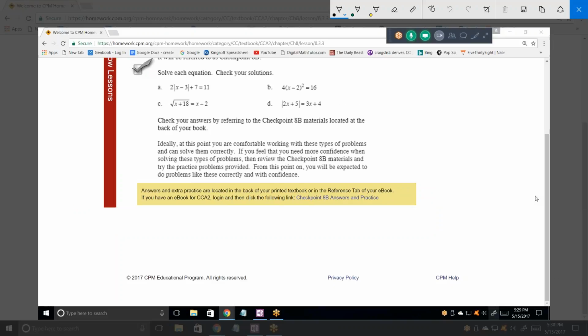Solve this one here, step by step. Subtract 7. So I've got 2 times the absolute value equals 4. Next step. Divide by 2. So now I get this. Next step. X minus 3 equals plus or minus 2.